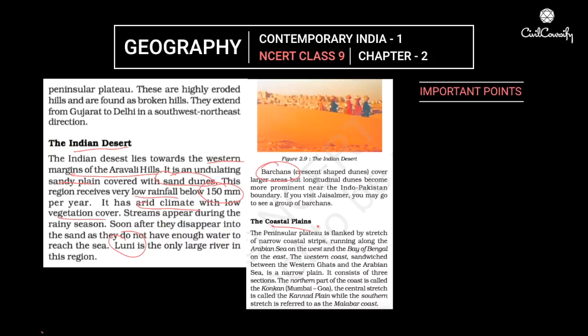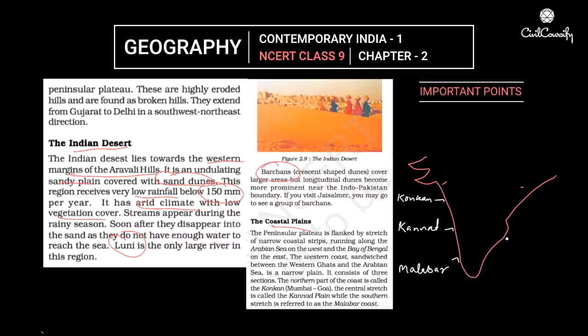When we come to the coastal plains, let us draw the coastal plains of India. Right. So this is the west coast, this is the east coast. The west coast is divided into three parts. The first one is the Konkan coast. The middle one is the Kannada coast. And the southern part is known as the Malabar coast.